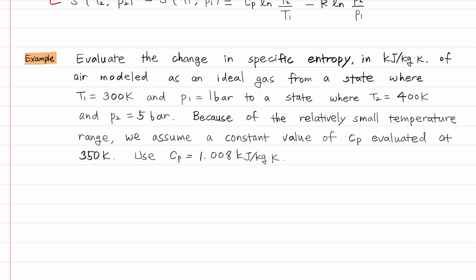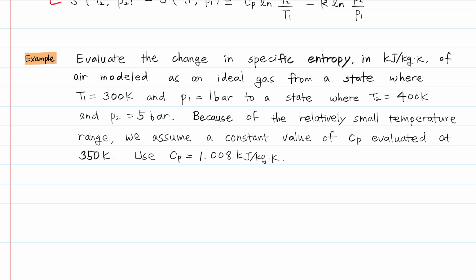Let's see another example. Evaluate the change in specific entropy in kilojoule per kilogram Kelvin of air modeled as an ideal gas from a state where T1 is 300 Kelvin, P1 is 1 bar, to a state where T2 is 400 Kelvin and P2 is 5 bar.